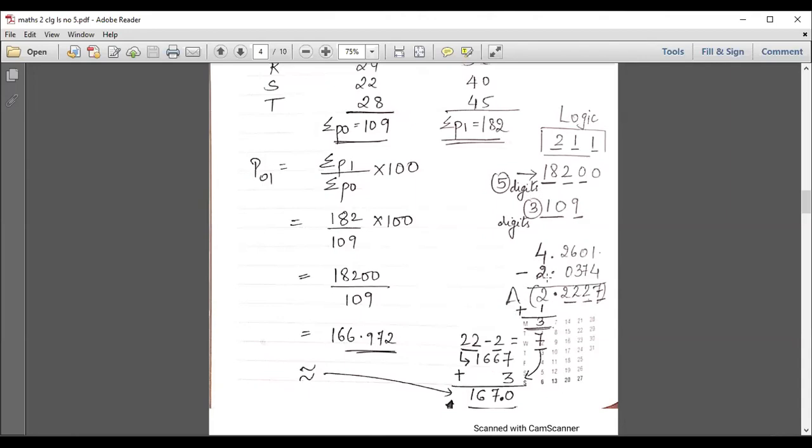So the first step is to make the total of both the columns. Once you are done with the totaling, you have to put the formula, the very important step. After putting the formula, you can find the final answer in two ways. Number one, simple division. Number two, by log working, which will be towards the end of the topic.